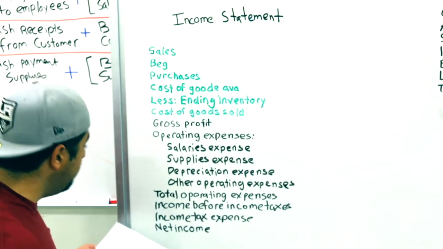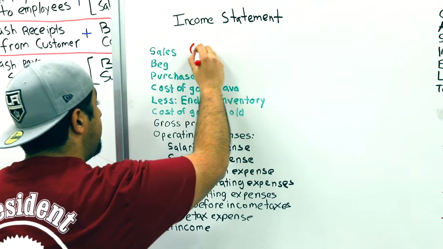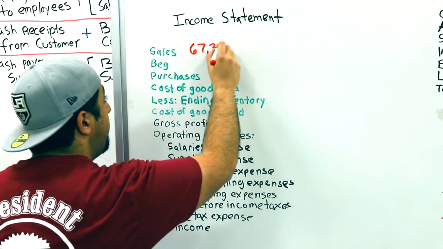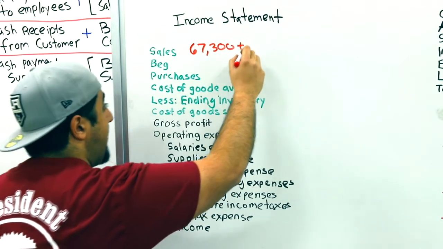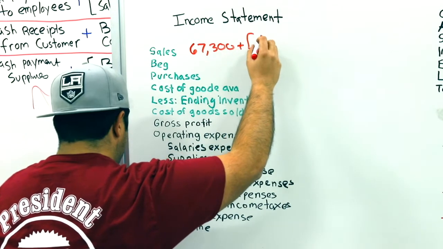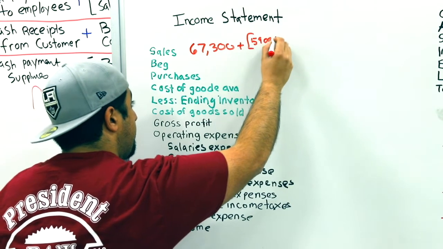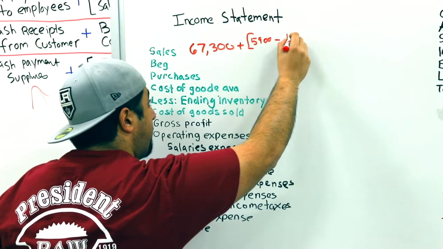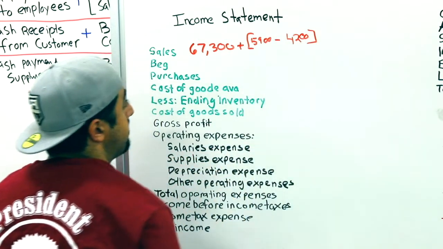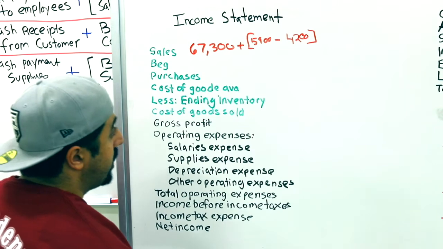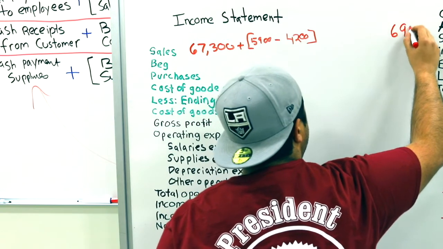All right, so we start off with sales of 67,300 plus, remember the net I was talking about, of ending of 5,900 minus beginning of 4,200, which is 69,000 even.